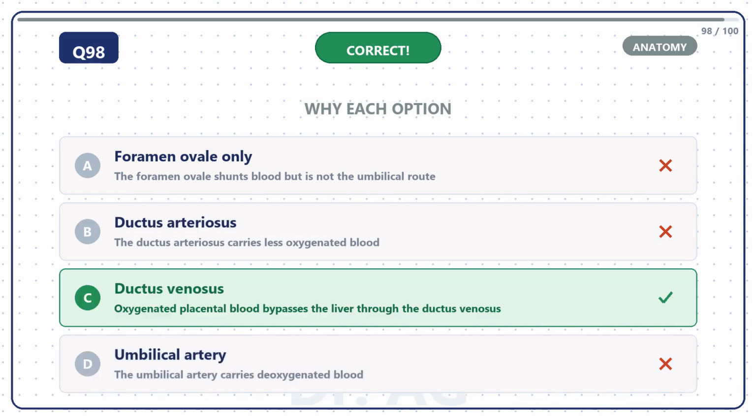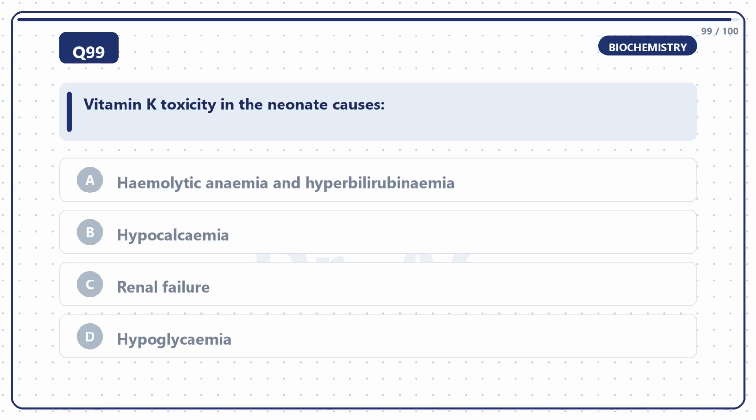And the correct answer is ductus venosus. Oxygenated placental blood bypasses the liver through the ductus venosus. So, the right answer is option C. Ductus venosus.